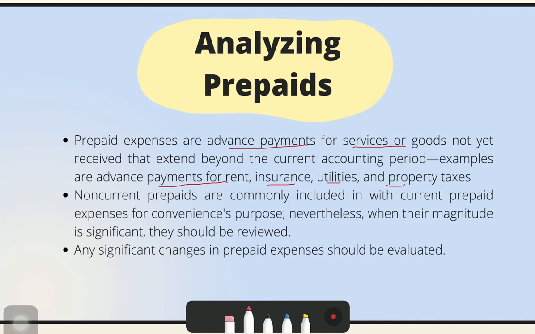Normally the non-current prepaids are commonly included with the current prepaid expenses for convenience. Nevertheless, when the amount is significant or high, they should be reviewed, and any significant changes in the prepaid expenses should be evaluated.